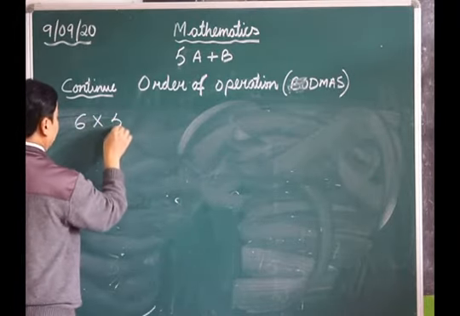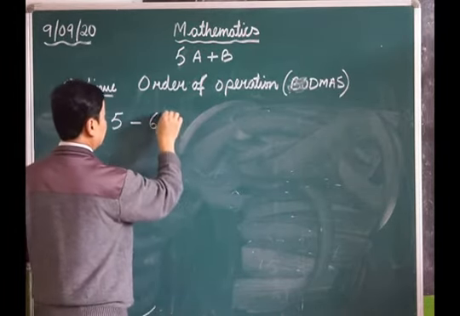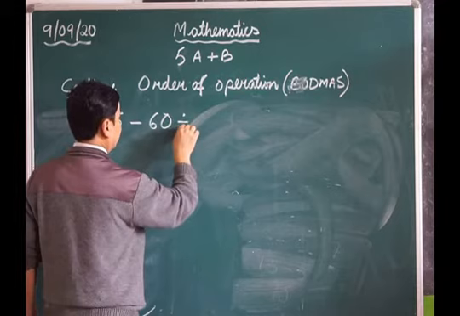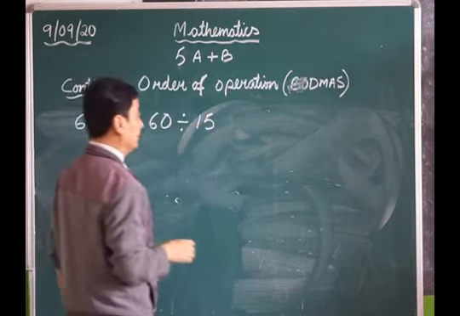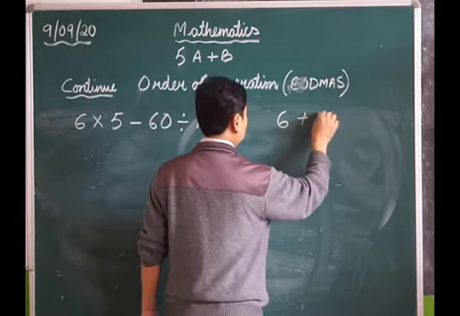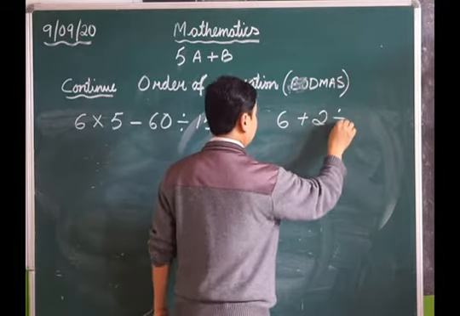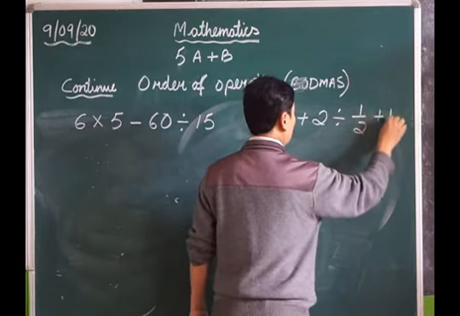6 into 5 minus 60 divided by 15. Okay, let's do another one. 6 plus 2 divided by 1 upon 2 plus 1.